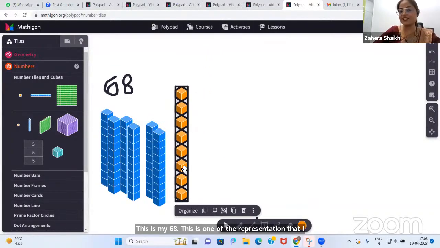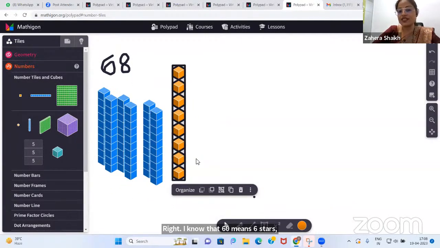I know that 60 means 6 tens, but if a child wants to represent it in different combinations, they can also do that.